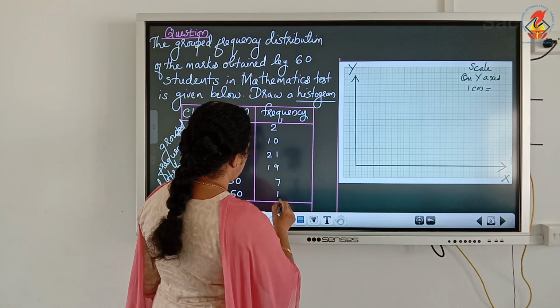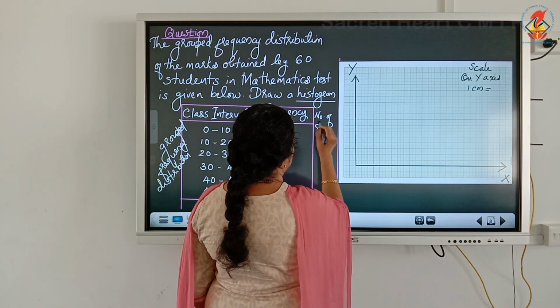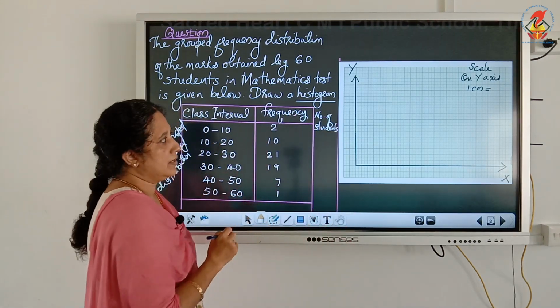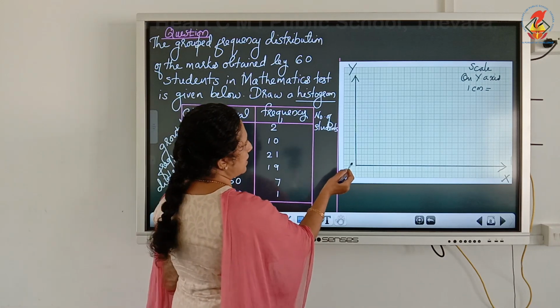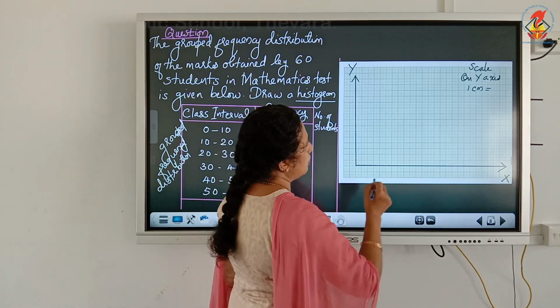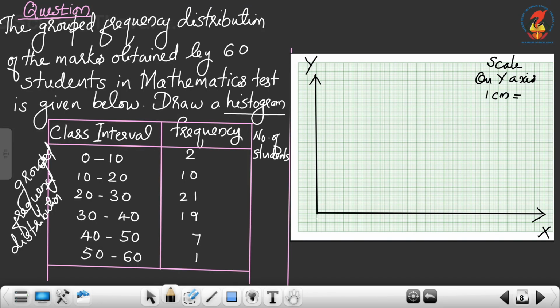So it is related to the number of students. Therefore, the number of students we can mark on the y axis, and how can we take the scale? On the y axis, for this one square box we can take 2 students. Here 0 is the meeting point of the two axes, the origin.